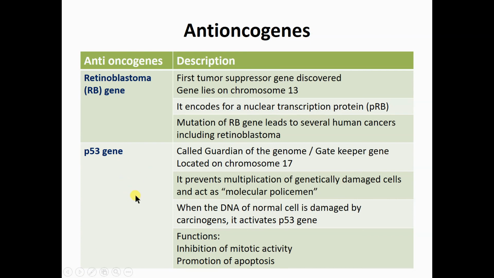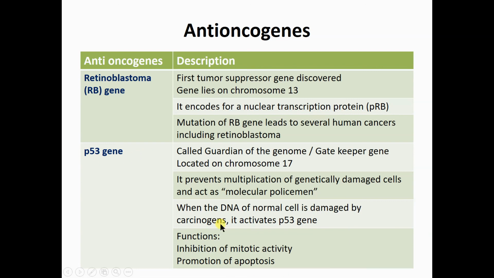The products of these genes lead to the activation of the apoptotic regulatory genes. That will lead to apoptosis, or suicide, of that particular cell. So the genetically damaged cell cannot remain there. It is known as suicide because the cell itself becomes degraded by its own mechanism.